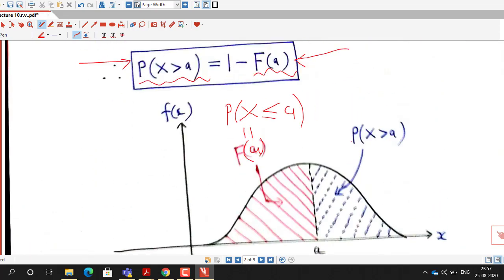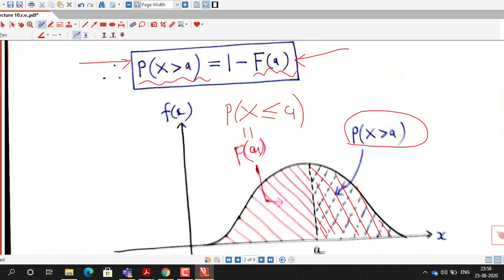And this is obvious from this figure also. If we are interested in the probability that x is greater than a, that is, in this area, then this area is nothing but the whole area minus the area to the left of a. The area under the whole curve is 1.